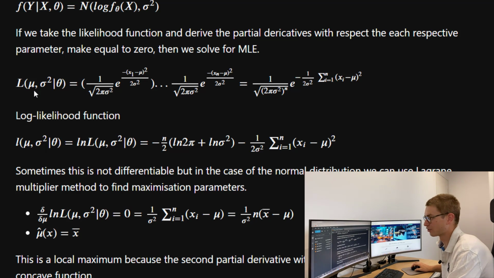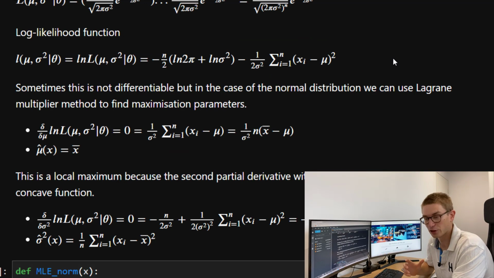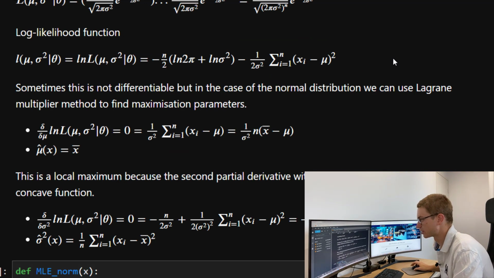So I'll take the likelihood function of our mu and sigma, and multiply the PDFs by each other for each x realization all the way to xn. If you then collate all these terms using a bit of algebra, you can get this formula on the right hand side there. Now if you take the log of these terms, you get it in this form here, and this is now easier to derive.